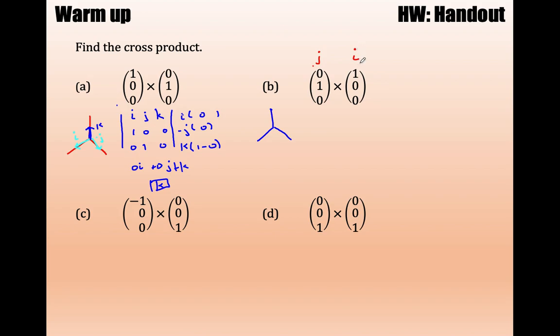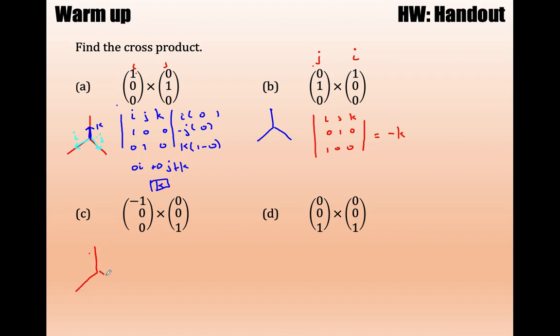Now you learned this in the last video, because this one over here was i cross j. So what happens when we reverse the order, right? So pause and see if you get the same thing I get here. I got negative k for this one.